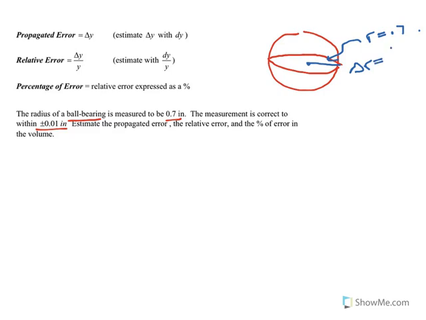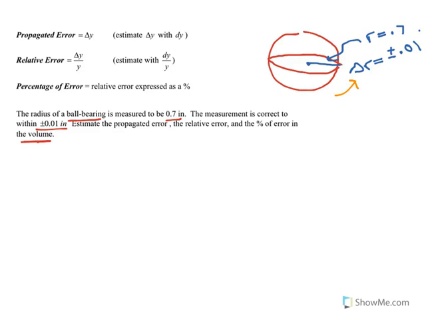So that's going to be their measurement error. If they were to have this measurement error, they're asking you how much is that going to affect their calculation on the volume. So they want you to find the change in the volume. So let's go ahead and use our first derivative to estimate this.